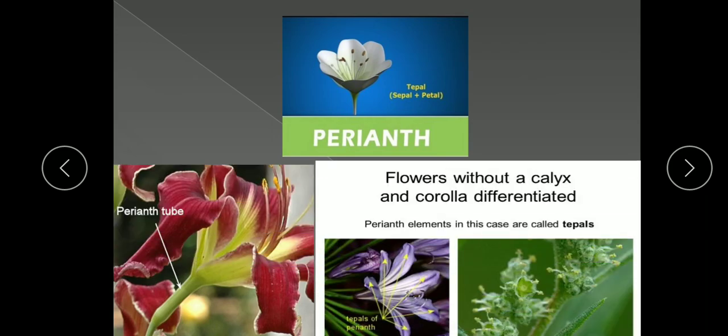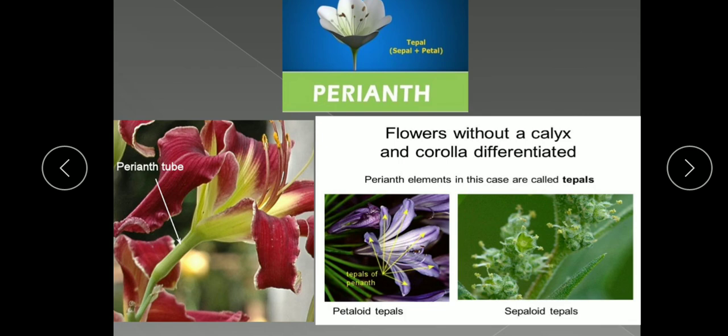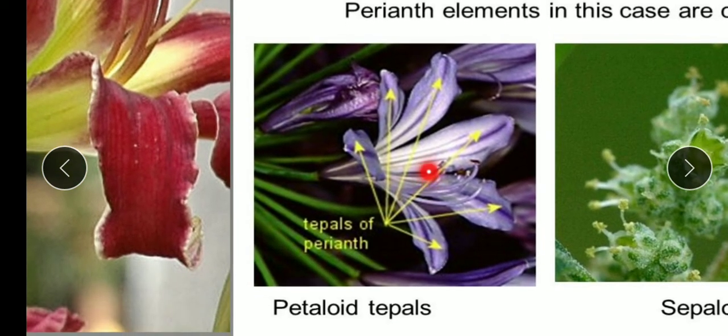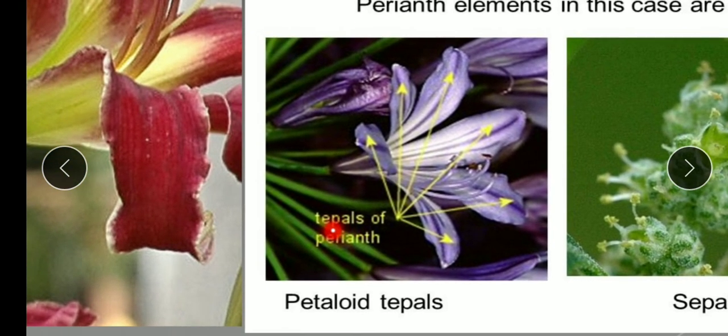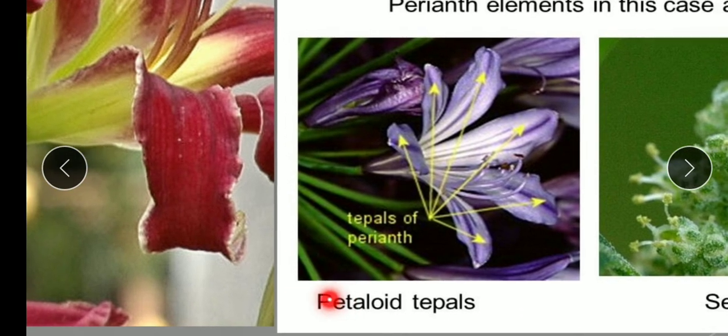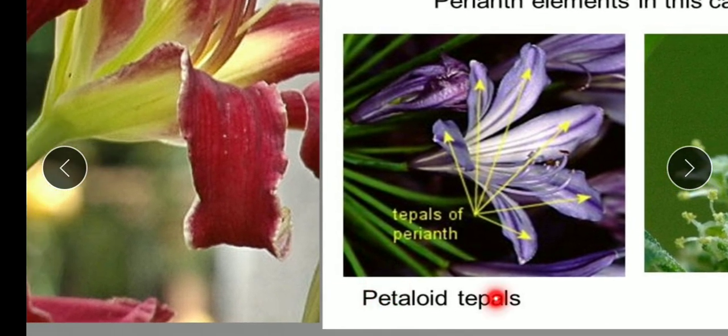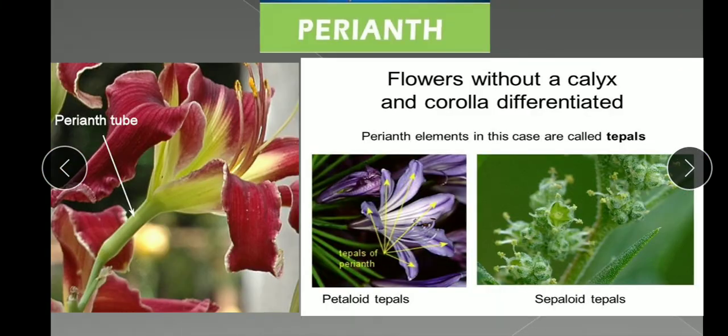We will see here flowers without a differentiated calyx and corolla. Here you will see they are either petal-like, meaning the colored one. So, if the tepals are colored, then they are the petaloid tepals. Understood children?